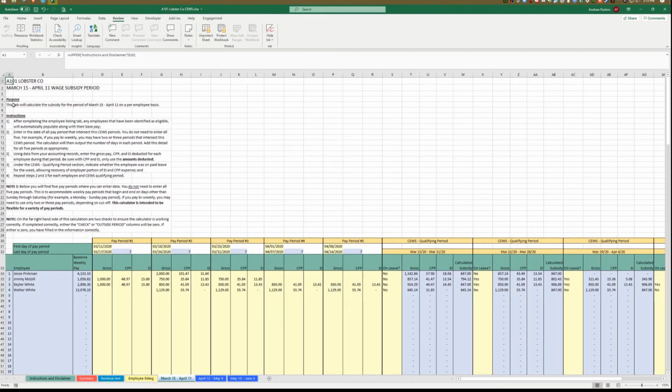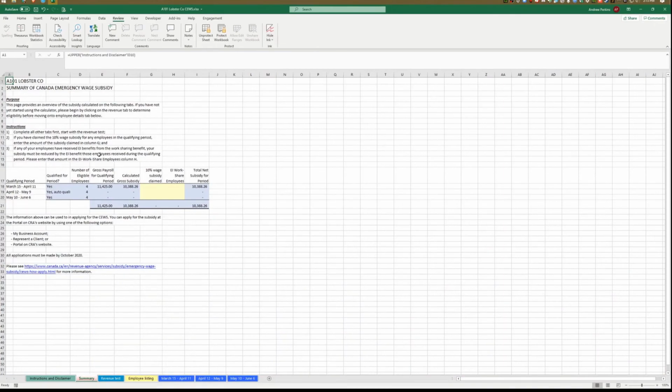So now that we've got the data entered for a subsidy, we can go and check on our summary tab. The summary tab is just designed to pull the information and give everything that you need in a nice simple package that you can then report to CRA on any one of the portals, either through My Business Account, Represent a Client, or through the other portal that CRA promises to make available beginning April 27th.